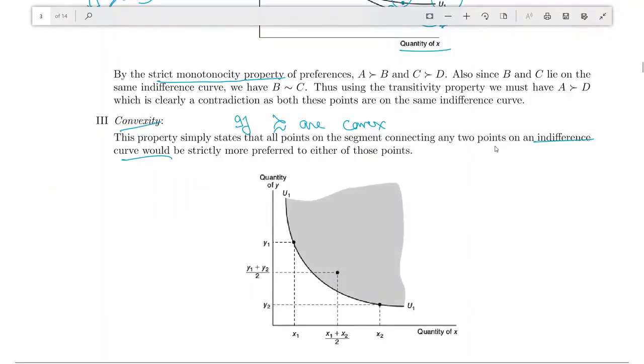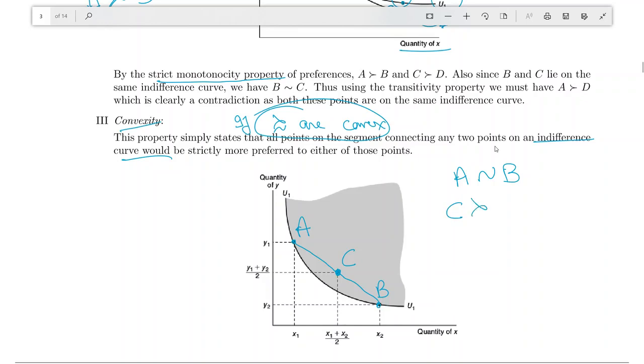So convexity implies that if this curve is convex, if you connect any two points with a segment, all points on that segment lie above the IC. Why this holds true is because these two points lie on an IC. Let me call this point A, this point B. If A and B lie on an IC, I can claim that A is indifferent to B. If A is indifferent to B and preferences are convex, then what can I say about point C?